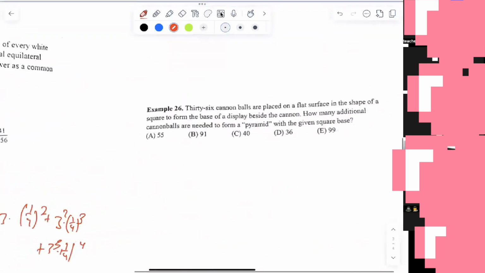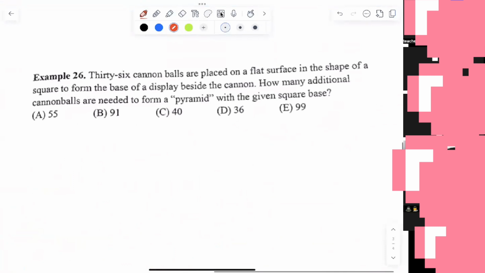Let's move on to problem 26. 36 cannonballs are placed on a flat surface in the shape of a square to form the base of a display behind the cannon. How many additional cannonballs are needed to form a pyramid with the given square base? I'll let you guys have a try at this question and tell me your answers in the chat.